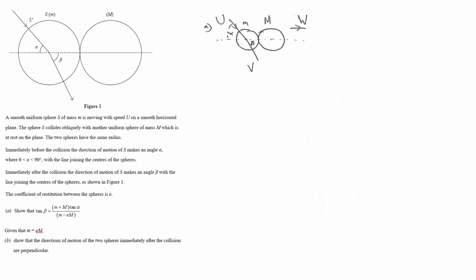Right. So what I've done there is the components of the velocity of the first sphere perpendicular to the line of the collision, where there's no e involved there.